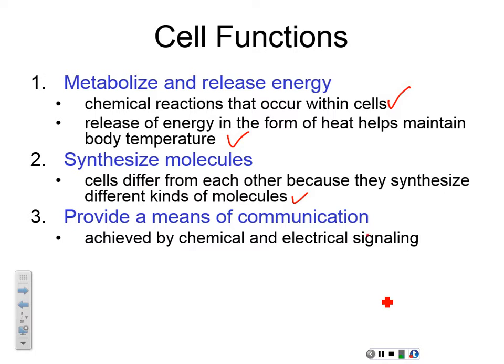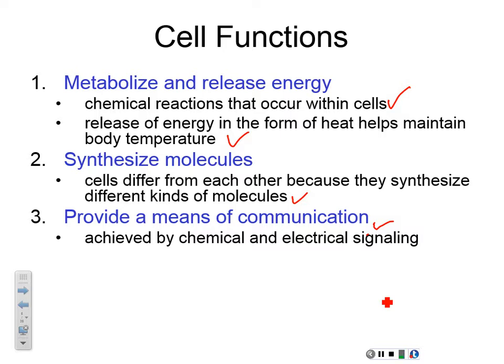Provide a means of communication. Last time I was talking about the glycoproteins and glycolipids, which are proteins and lipids attached to carbohydrates on the cell surface that act as cell markers. Those cell markers help the cells to communicate with like cells, and also sometimes instruct the internal functions inside the cell.